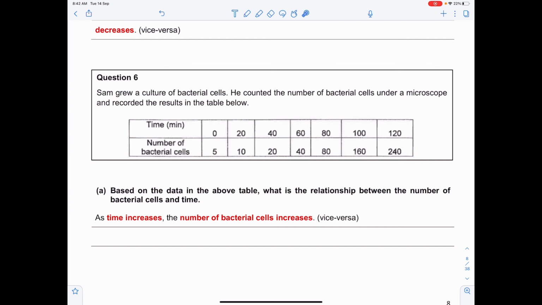Let's take a look. This was a question very similar to what we've attempted. John placed the same amount of seawater, which contained living organisms, into two identical glass containers A and B. He then placed A into a dark room, while B was placed in a brightly lit room.